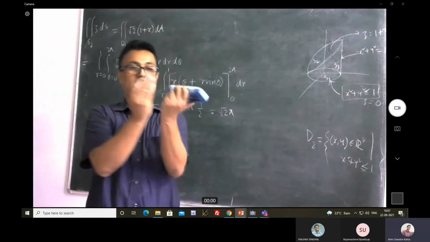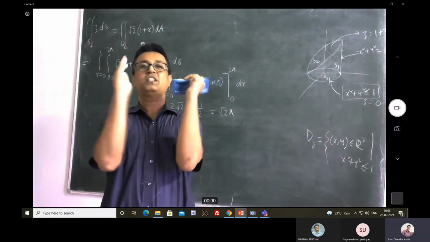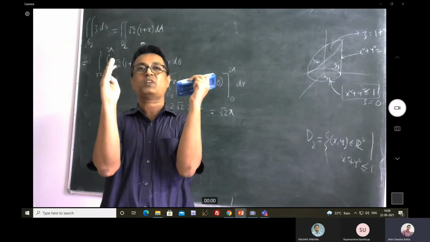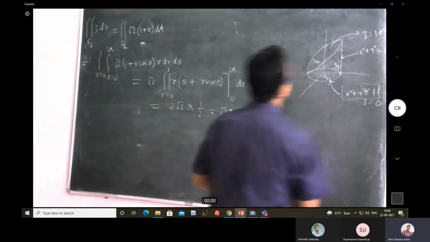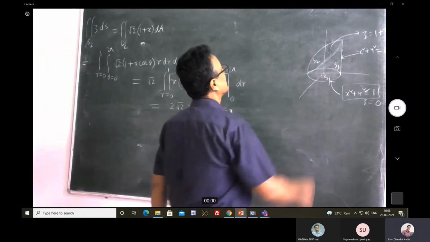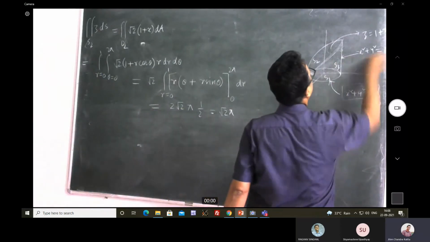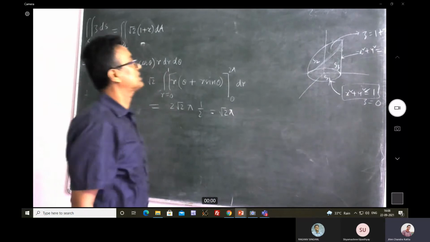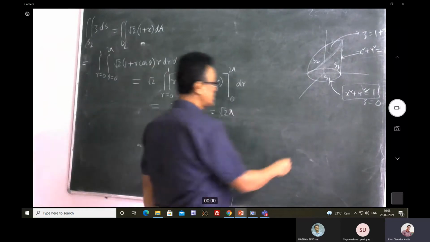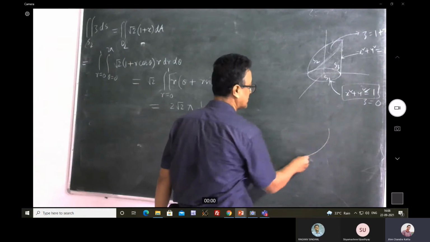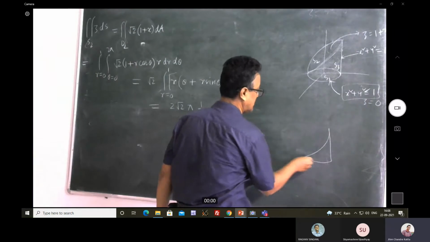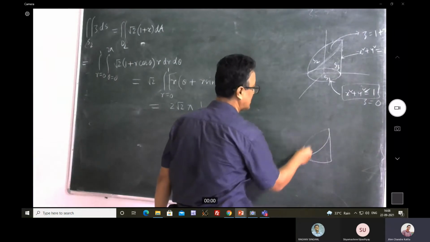Okay, so now let me come to the surface of the cylinder, x squared plus y squared equal to 1. On this surface of the cylinder, you can see it is something like this.